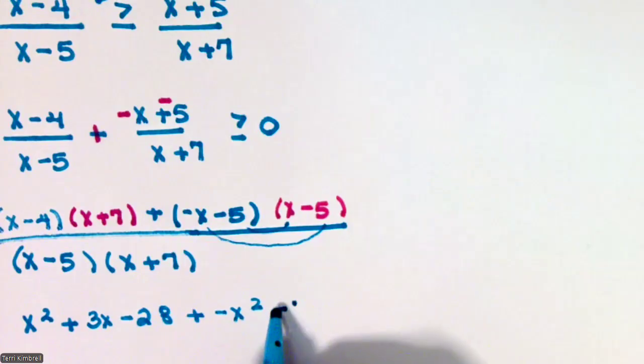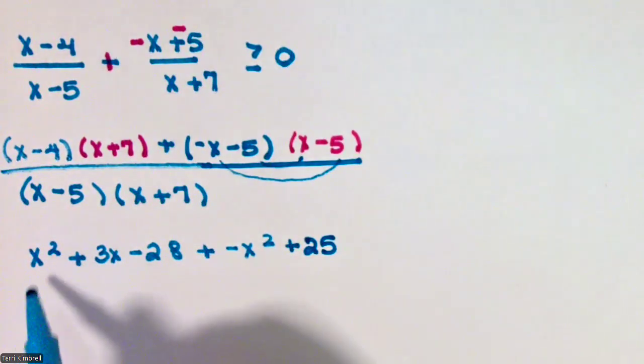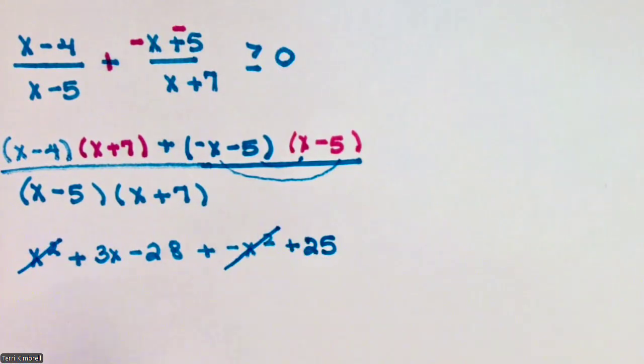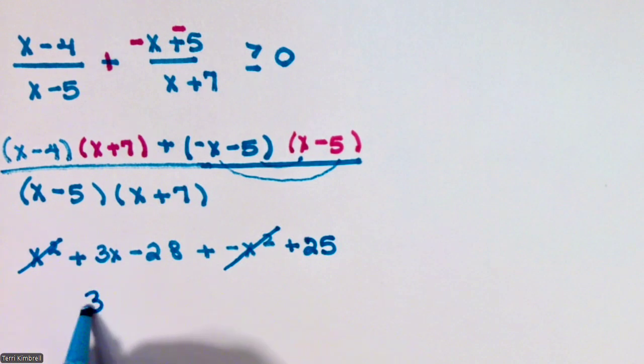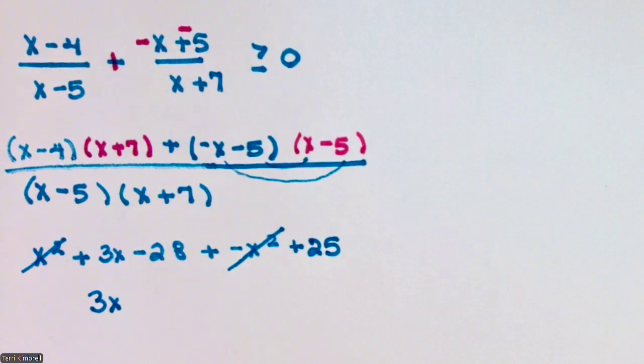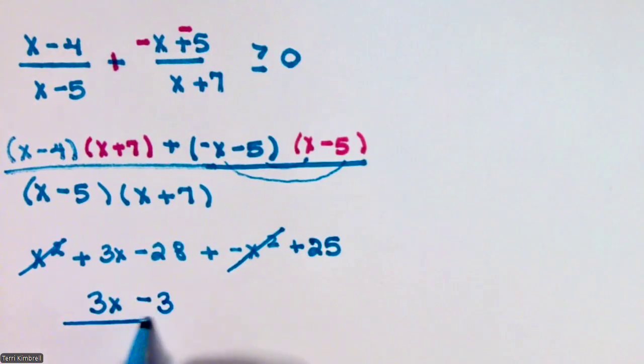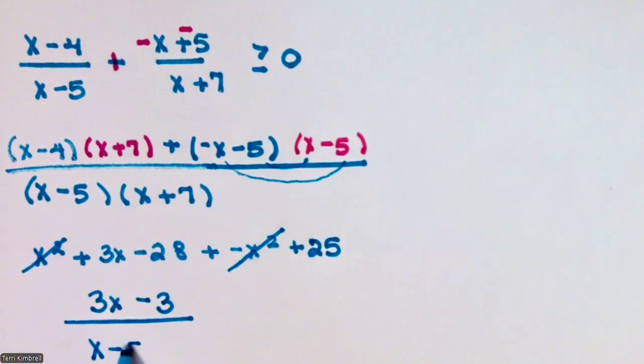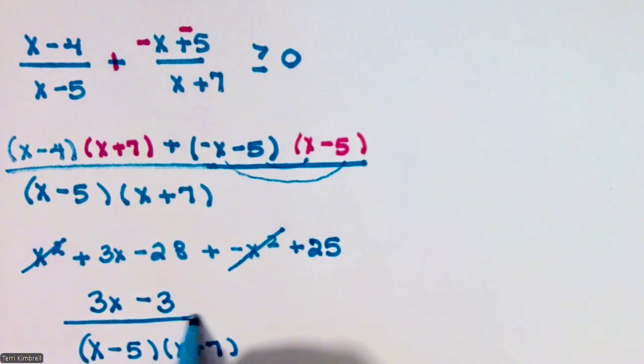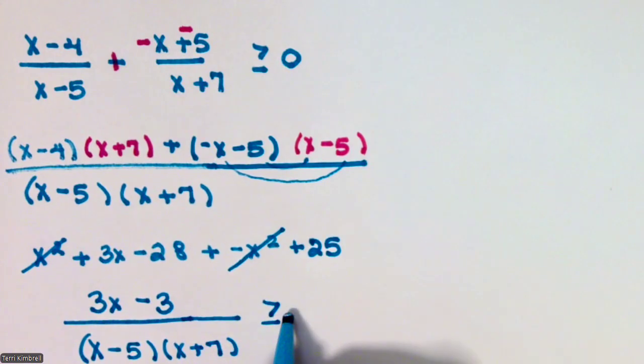And then that's a positive 25. My x squared and negative x squared cancel out. I'm going to get a 3x negative 28 plus 25 is going to be -3. And then it's going to be over the denominator. And we have greater than or equal to 0.